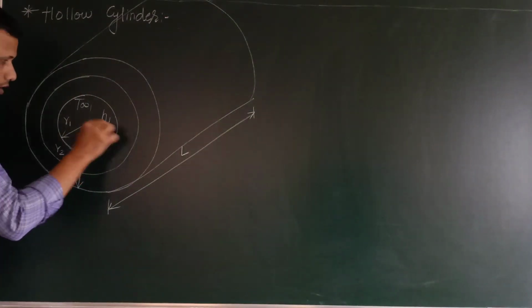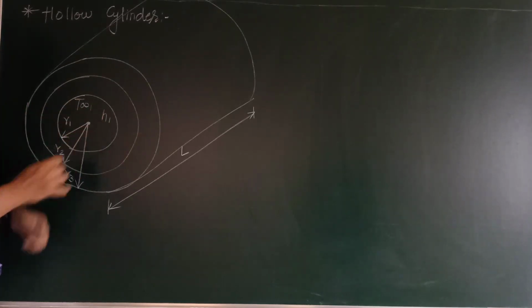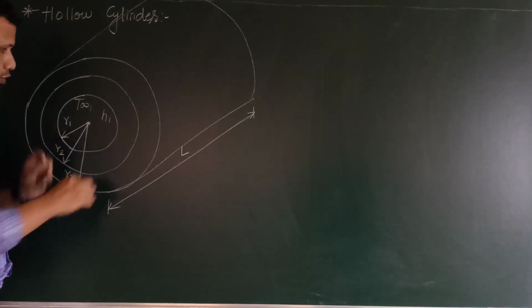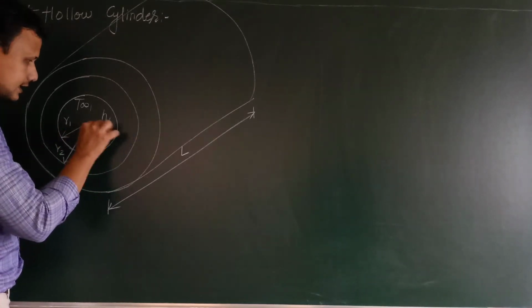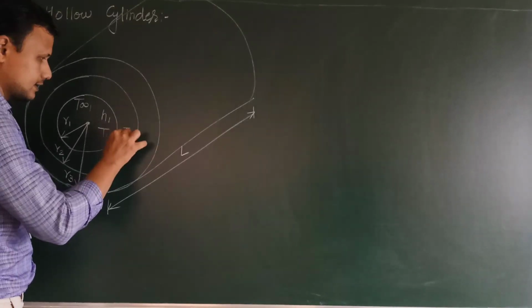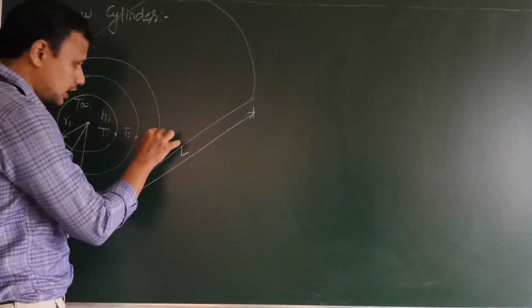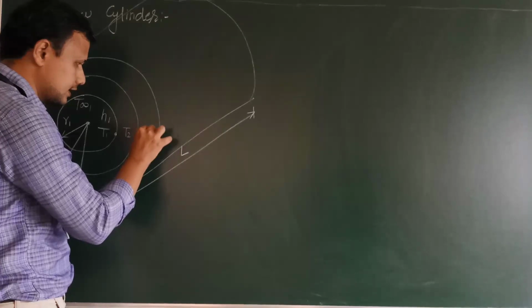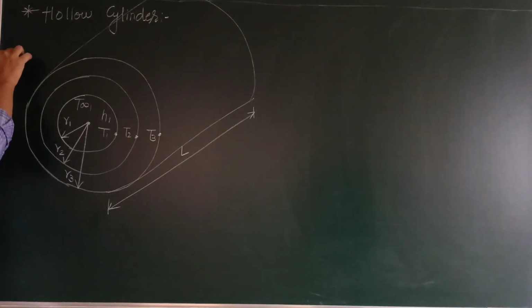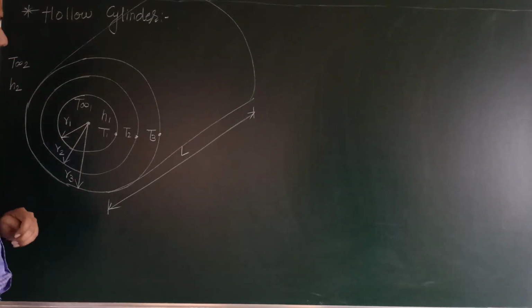Now, because this fluid might be heated or it might be cold, the internal surface temperature of the cylinder will also have some value. Let us say it is equal to T1. The external surface of the cylinder is at temperature T2. The outer surface of the insulation is at temperature T3. Also, there will be some external fluid, T infinity 2 and H2 will be the properties of that external fluid.